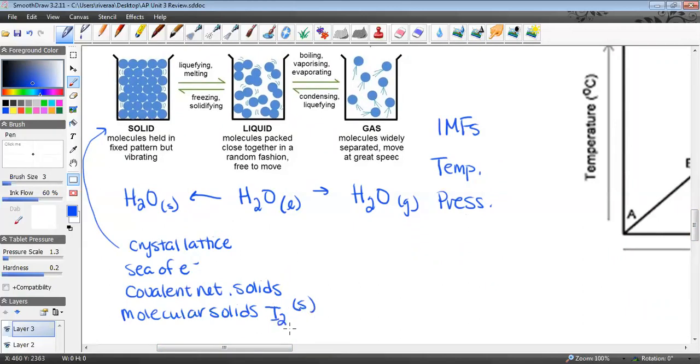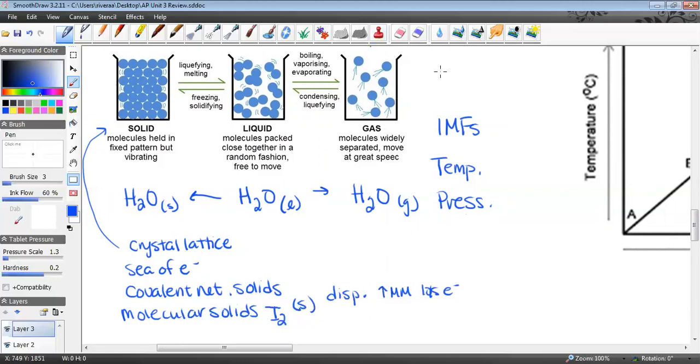The reason for that is even though its IMF is only a dispersion force, which you think is a weak IMF, iodine is a very massive molecule. It has a big molar mass, which means it has lots of electrons and is very polarizable. So this dispersion force in iodine is very strong and leads iodine to be a solid at room temperature. Things that have weaker IMFs will be liquid at room temperature, and even weaker IMFs will be gaseous at room temperature.